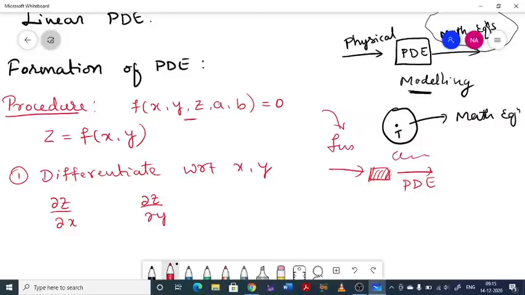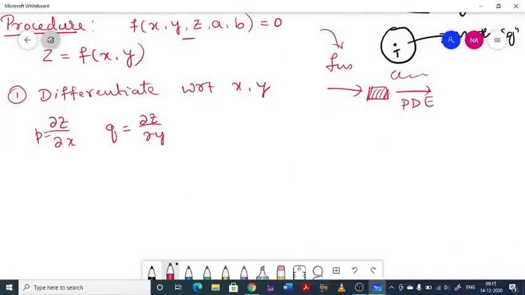So you can directly write dou z by dou x or dou z by dou y. That is not a problem. But sometimes we use some notations. So we'll write P for dou z by dou x and Q for dou z by dou y. That is the first step, differentiating with respect to independent variables. If you have 3 independent variables, then you have to partially differentiate with respect to those 3 independent variables.